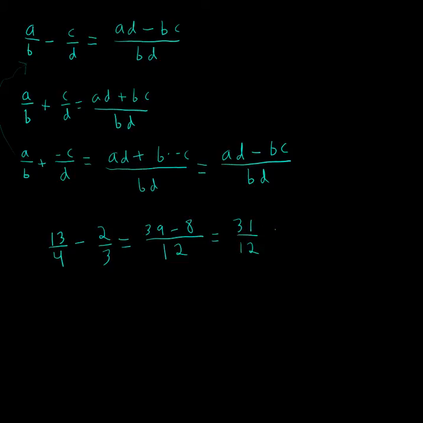Again, this is an improper fraction. How would we go about writing this as a mixed number? Well, we would take 31 divided by 12. My apologies, I mixed up which we are dividing by what. So we would get 2 times 12 equals 24.